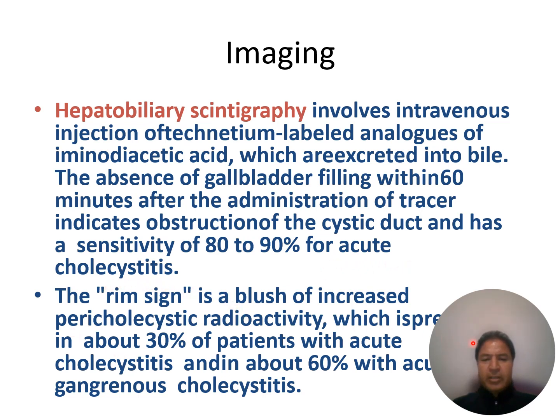The rim sign is a blush of increased pericholecystic radioactivity, which is present in about 30% of patients with acute cholecystitis and in about 60% with acute gangrenous cholecystitis.